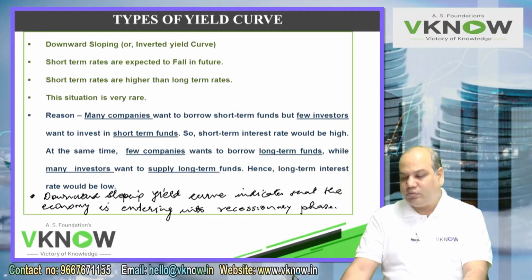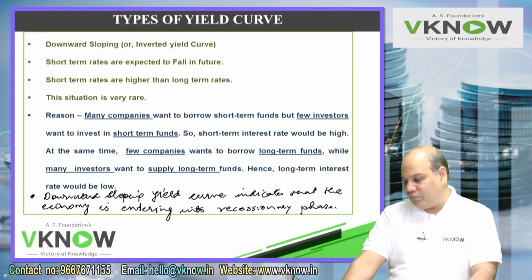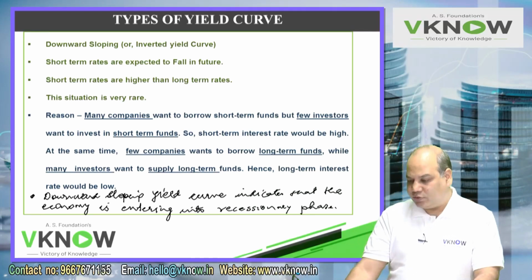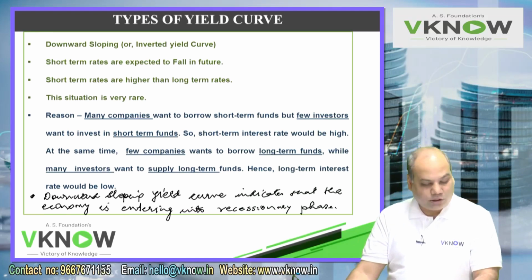Economy is entering into a recessionary phase, and that is why such a situation is very rare. So one more line you can add: downward sloping yield curve indicates that the economy is entering into a recessionary phase.